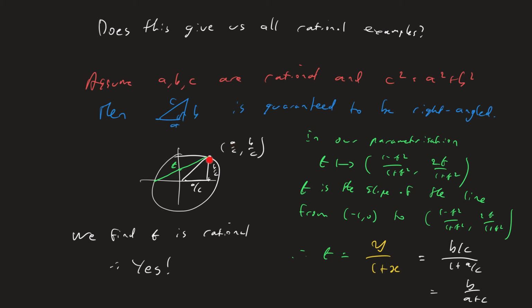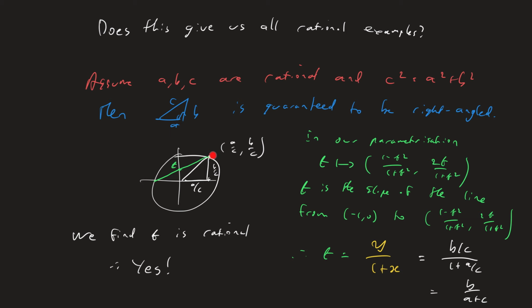The question then is whether t is itself rational. Remember, we found all points on the unit circle for which t is rational. So if we want to find this particular point, which gives us this particular triangle, then we need t here to be rational. Given the coordinates of this point here, how do we find t?